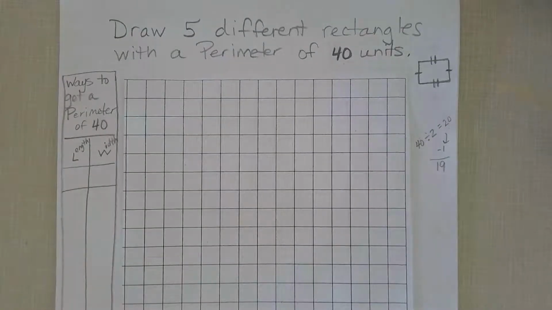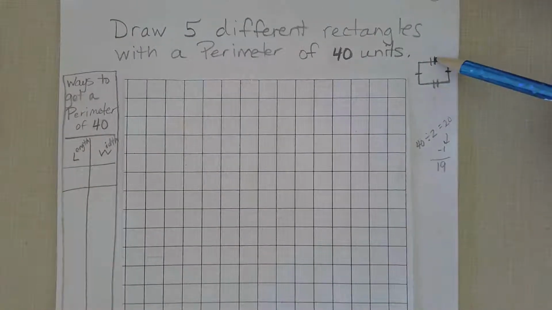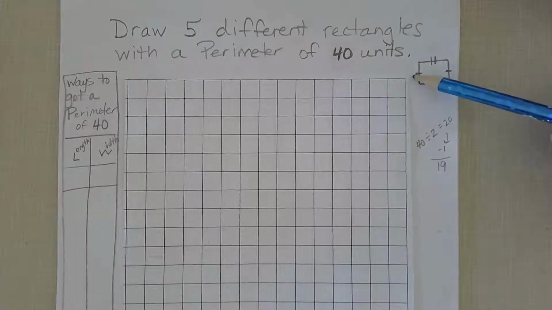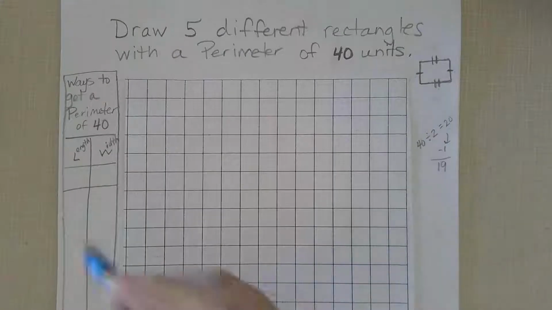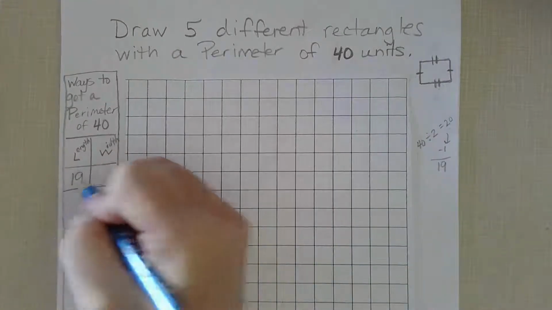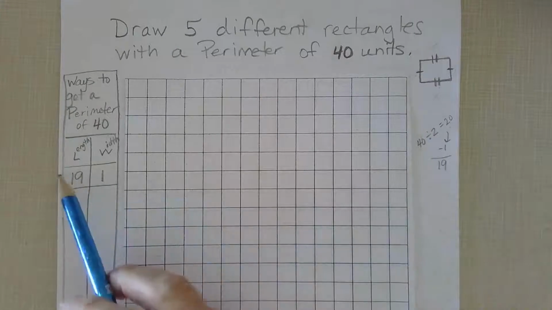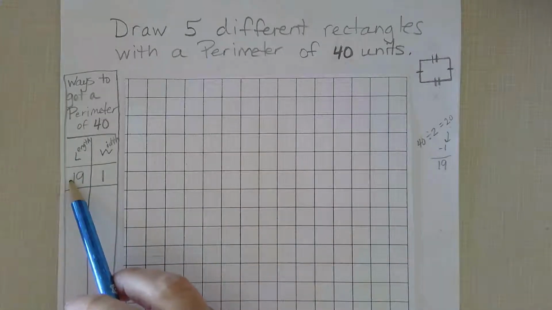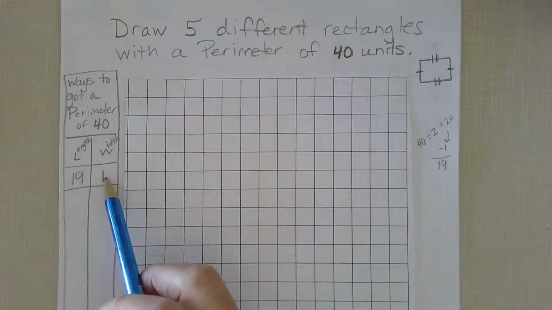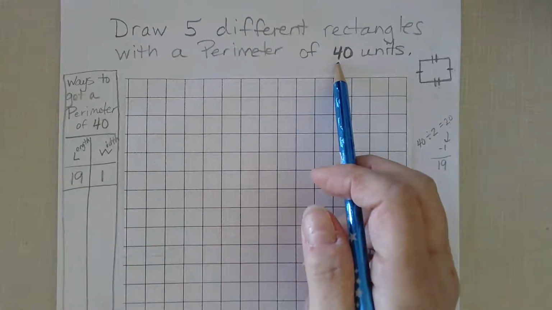Now, if you think 19 plus 19 gives you 38, and then each of these side lengths could be equal to 1. So we could have a length of 19 and a width of 1, okay? Now, you should start to notice a pattern here, because we started with 19, and if you add 19 plus 19 plus 1 plus 1, you're going to get that answer of 40.